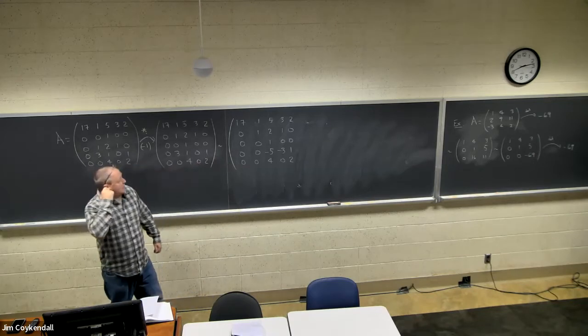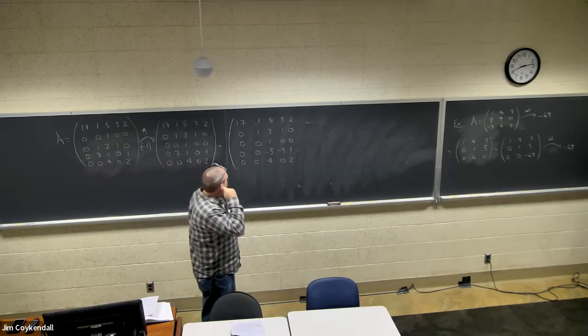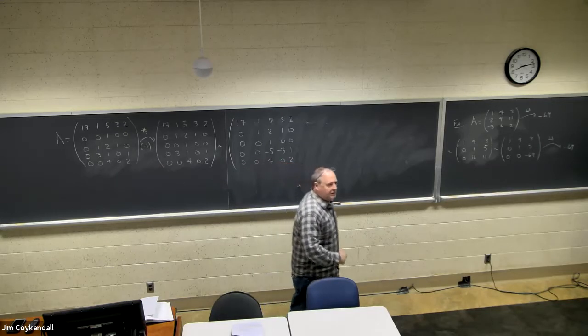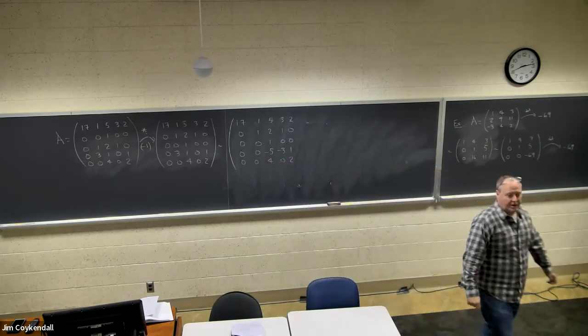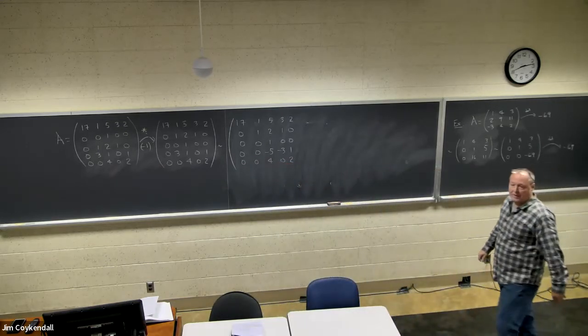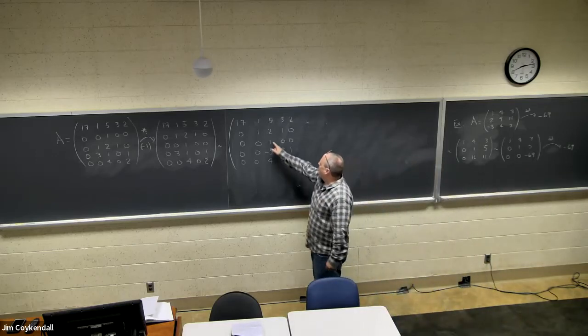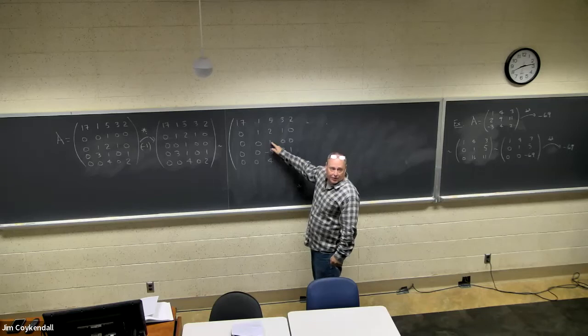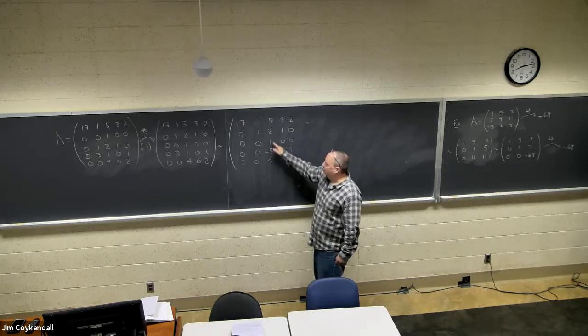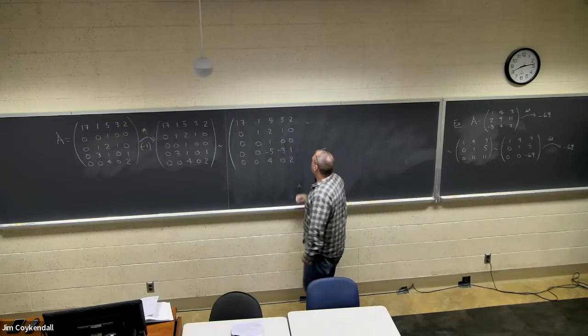And actually, I'm extremely fortunate. In fact, I can tell you that the determinant is already the product of the diagonal elements. Notice, I can now use the third row to take these two out below it, and then it'll be fine.